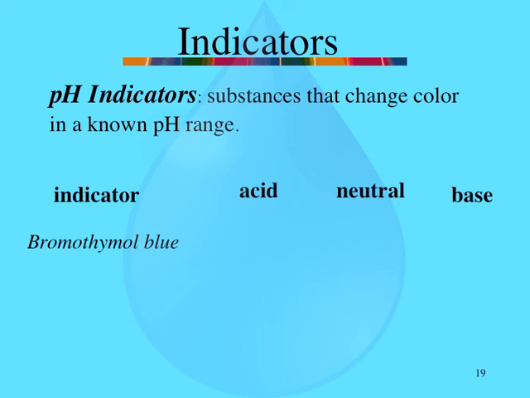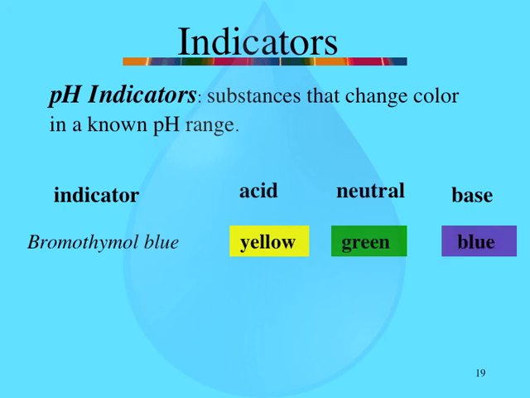In an acid solution, bromothymol blue is actually yellow. In a neutral solution, bromothymol blue is actually green. And in a basic solution, bromothymol blue is actually blue. If you think about this, it makes complete sense. In an acid, you've got a lot of H+.